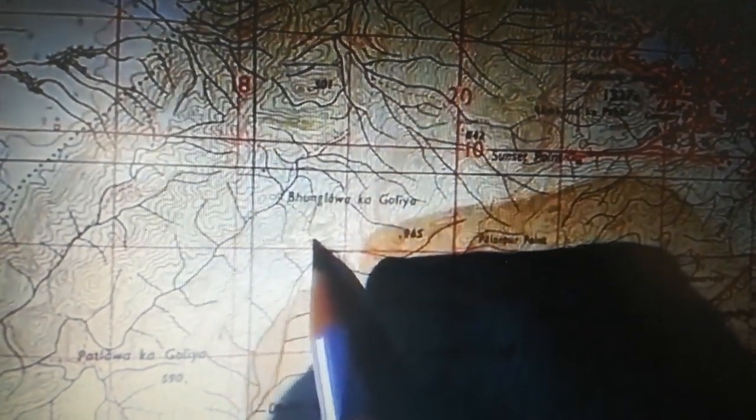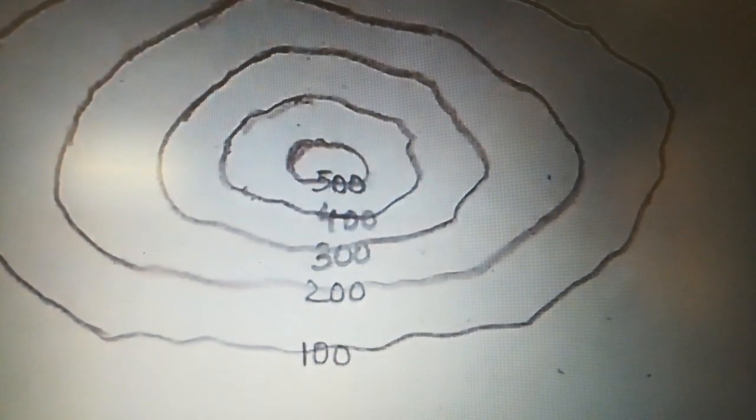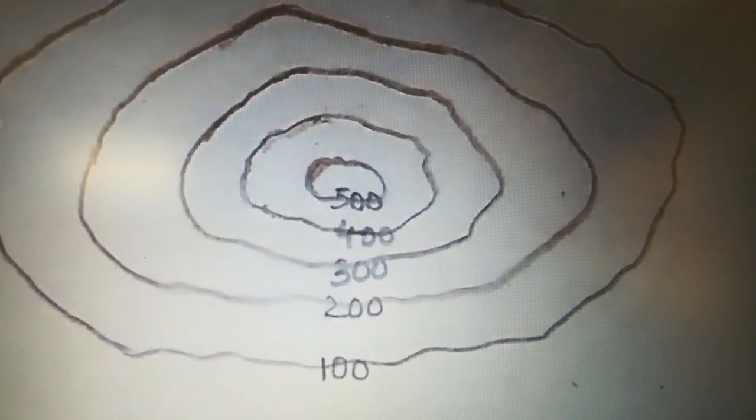It is very simple to find. It rises almost uniformly from the surrounding land. Now I can show the conical hill.